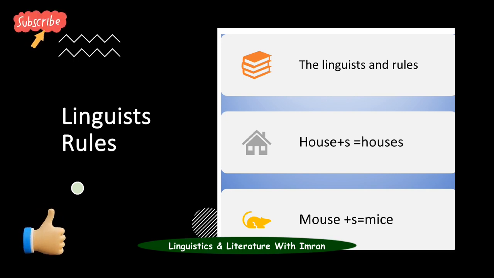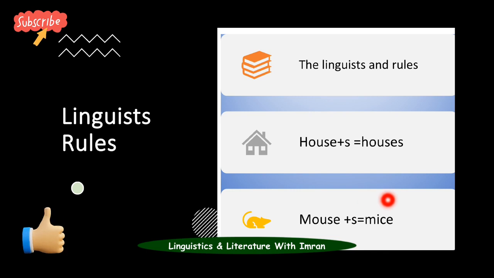But if you are junior students, like grade 5th, 6th or 7th students, the students might ask you how can you say that mouse plus s? So according to the rules, mouse plus s is mice and house plus s is houses.